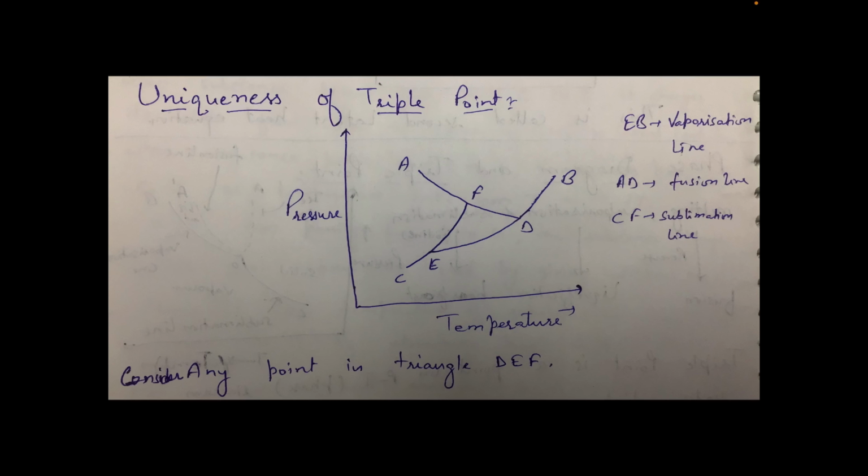Now every point in triangle DEF corresponds to the vaporization line EB being always above it. Therefore the substance should be in liquid state. But it is not possible that the substance is in all three states at a single time if the triple point is not unique. So this proves the uniqueness of the triple point, and the temperature and pressure at which the triple point exists are called triple point temperature and triple point pressure.